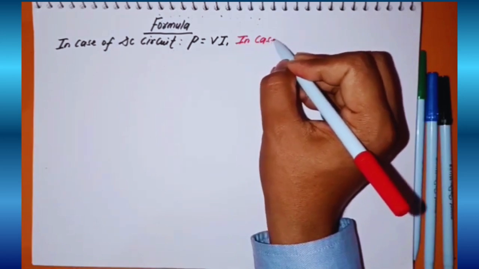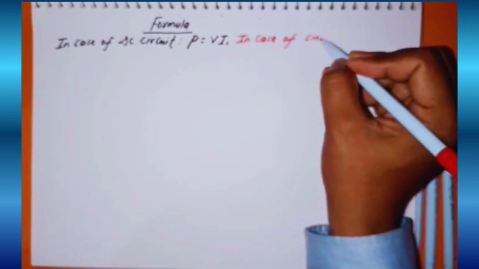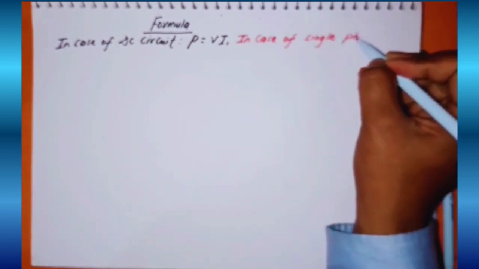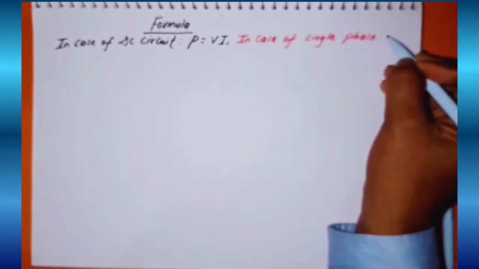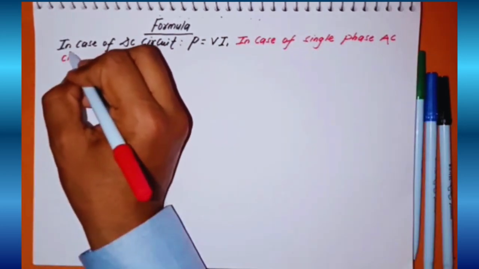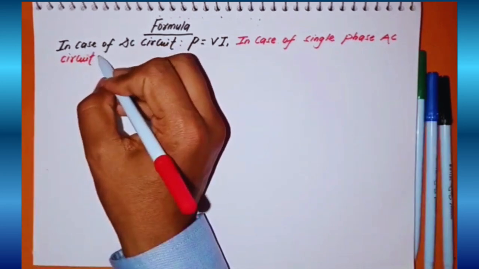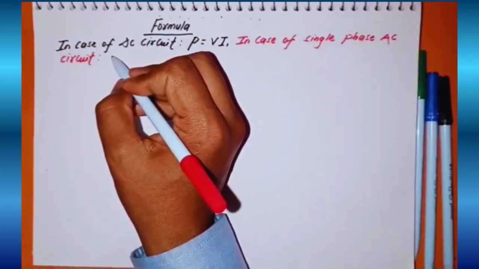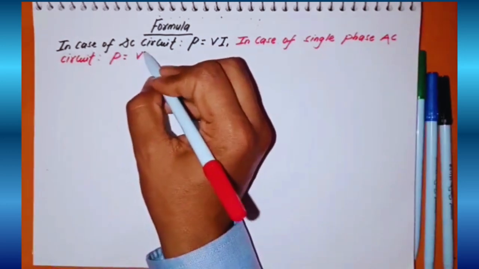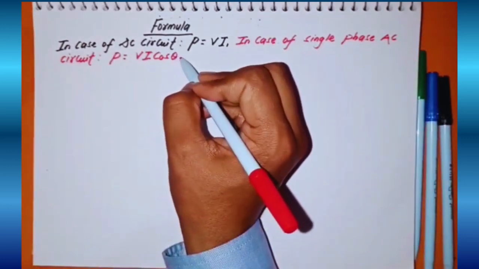In case of single phase AC circuit, formula of active power is given as P equals to VI cos theta.